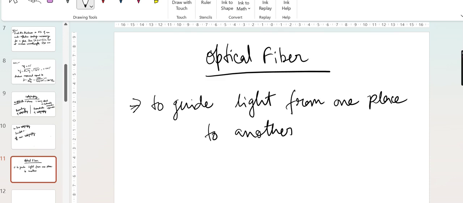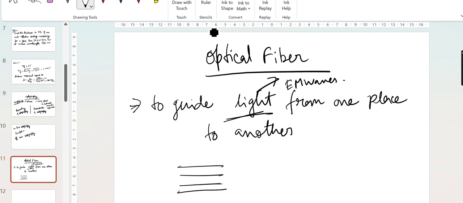Here, when we say light, basically it is all the electromagnetic waves. That's the concept. There is some core, then cladding, and when we see optical fiber, this distance is very small. And it's actually a science to couple optical waves into this tiny distance.